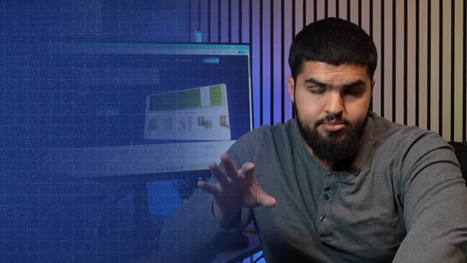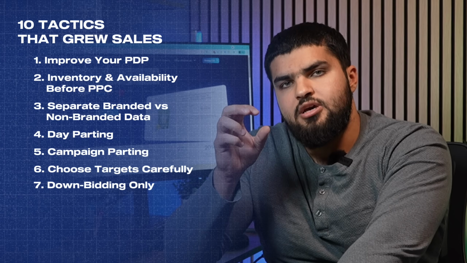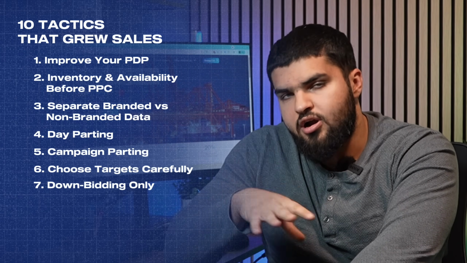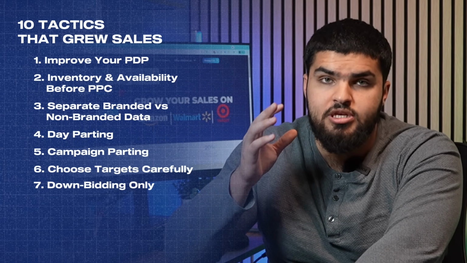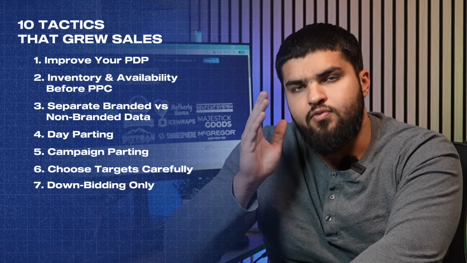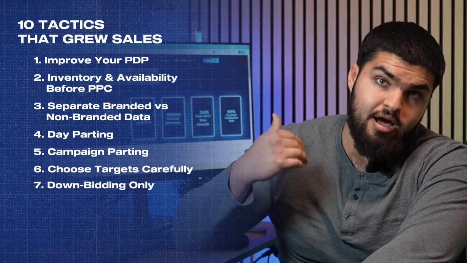Only use downbidding. This is something that is perhaps a little bit controversial, but I know that some people say fixed or up and down. We ran a lot of testing. There are some very rare use cases, but for us, we're only using downbidding 97, 98% of the time for our ad spend. And we found that Amazon, obviously, like I said, they're very profitable, Amazon ads.